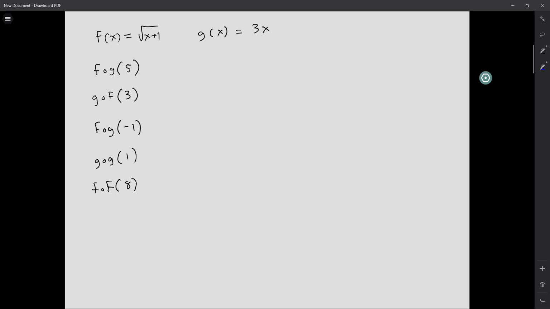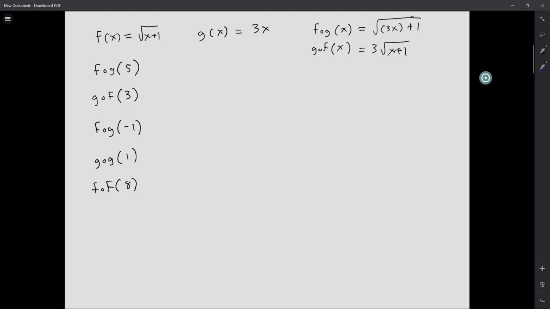Now, it's true what I could do is I could say off here on the side, FOG of x would be f of g of x, which would work out to the square root of 3x plus 1, or GOF of x would be 3, and I'm replacing x with f, so I'll have 3 square root x plus 1.